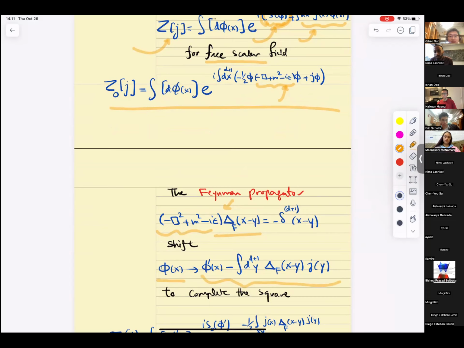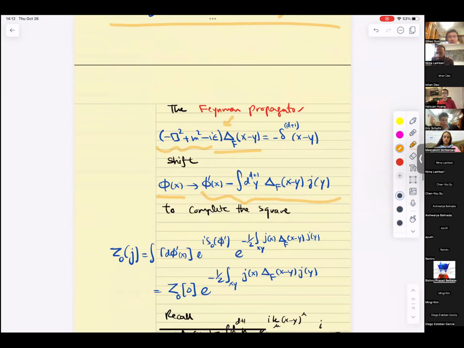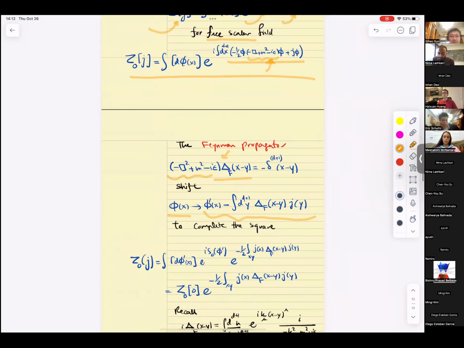It's a change of variables that will turn this term into a complete square. In the new variables, you will have a path integral over d phi prime, e to the minus S0 of phi prime, and pops out e to the power of minus half J(x) J(y) times the propagator.